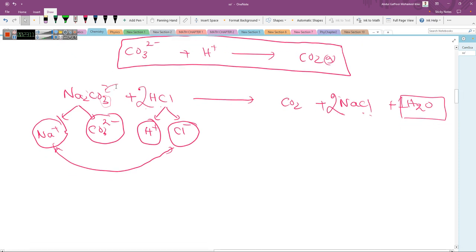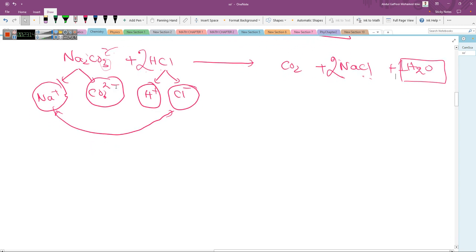So here we should have Na2CO3. Now I told you all the carbonates are insoluble except sodium carbonate, potassium carbonate and ammonium carbonate, right? Now in the system we have water, because all reactions are happening in aqueous medium, right?